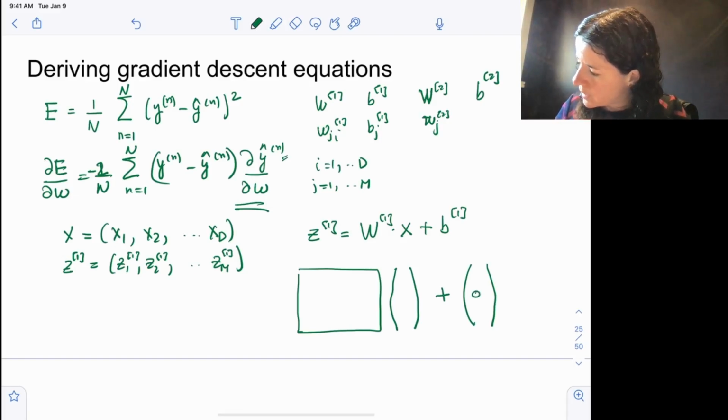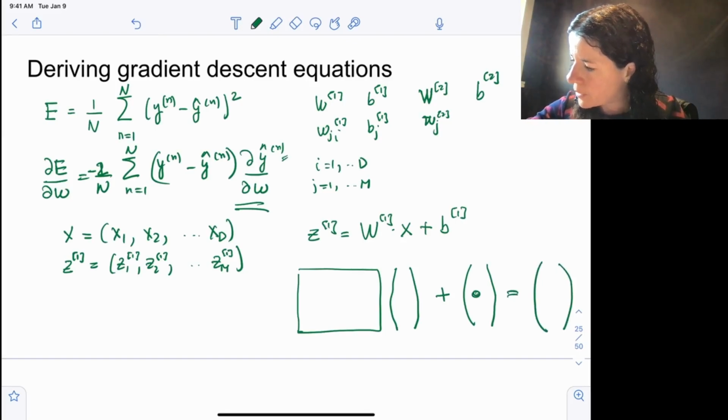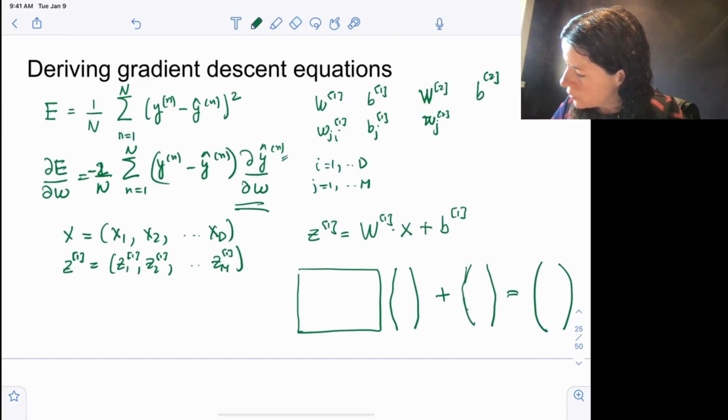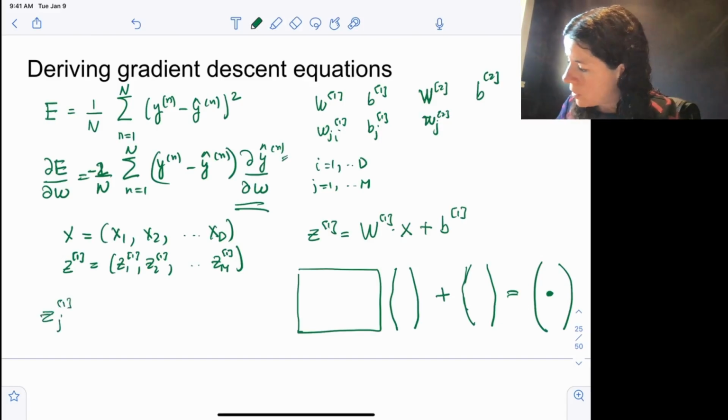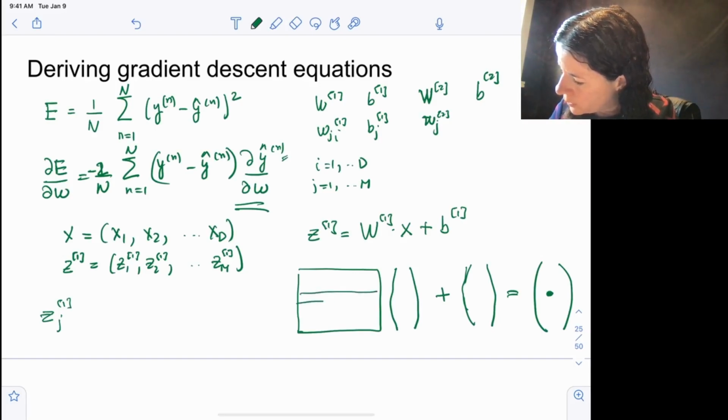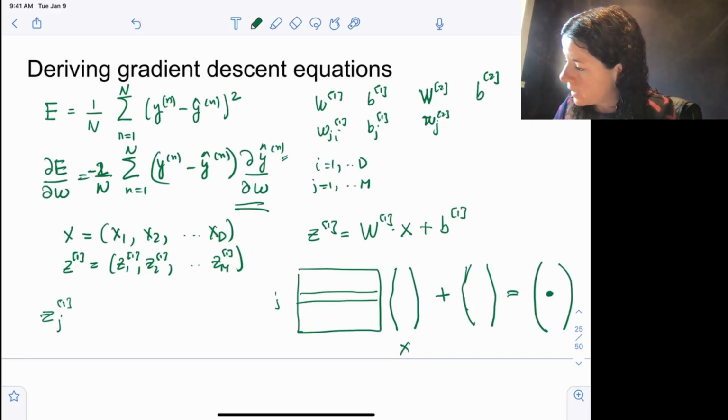To get one of these elements, that I'm going to call z_j^1, what we do is take the jth row of this matrix and multiply it by x, a dot product, right? And then we add this element here, and we get that, right?